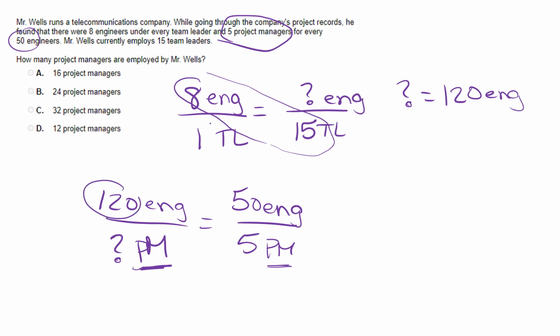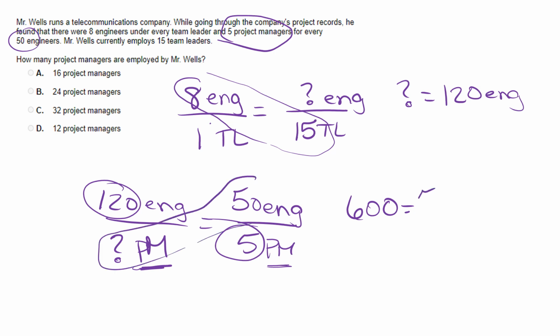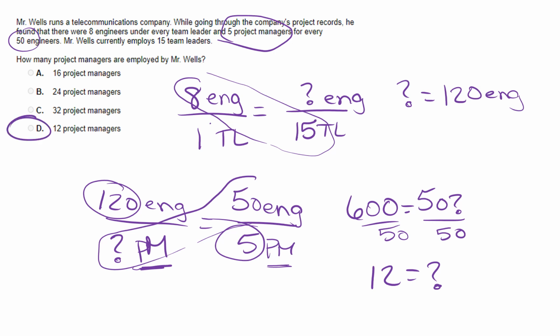All we want to know is we're going to multiply across. 120 times 5 is 600. And then 50 times question mark is 50 question mark. We're going to divide both sides by 50. 50 goes into 60 1 time, with 10 left over. 50 goes into 100 2 times. So they employ 12 project managers.